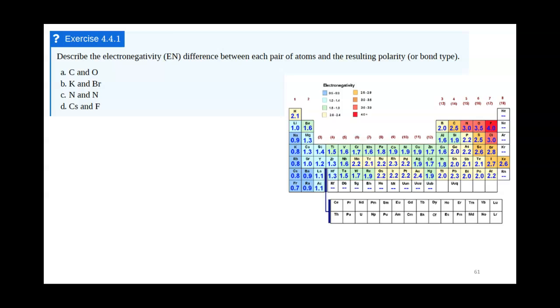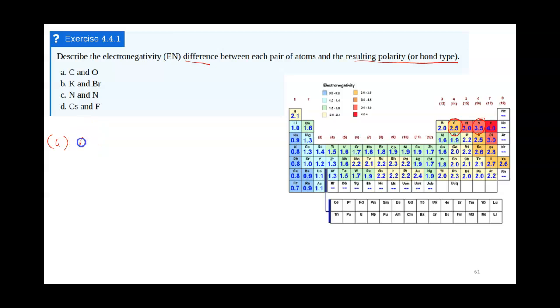So in this problem from the book, we're asked to describe the electronegativity difference between each pair of atoms and the resulting polarity or bond type. So we're going to need our tables of electronegativities to do this. So let's see what we've got. So carbon, we have an electronegativity of 2.5, and oxygen, we have an electronegativity of 1.5.